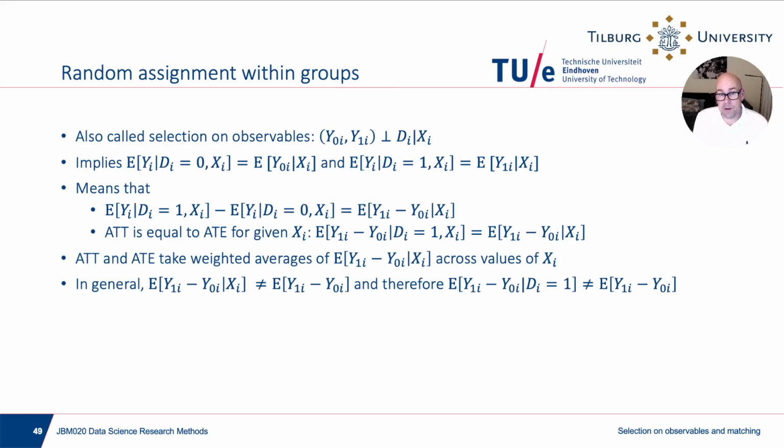Therefore, the average treatment effect on the treated in the population is also not equal to the average treatment effect in the population, and that is coming from the groups. That comes through in the examples that we're looking at. However, keep in mind that within groups, the average treatment effect on the treated and the average treatment effect are the same, because within groups there is full randomization.